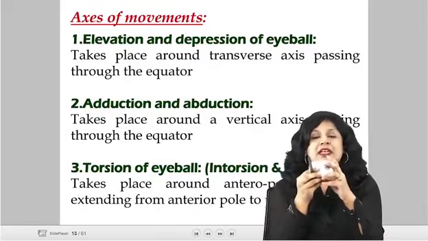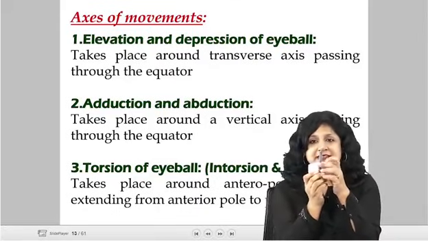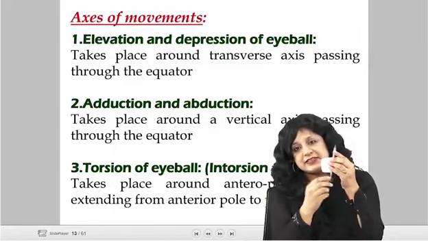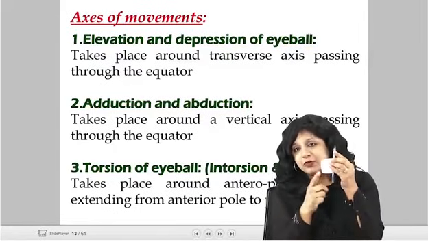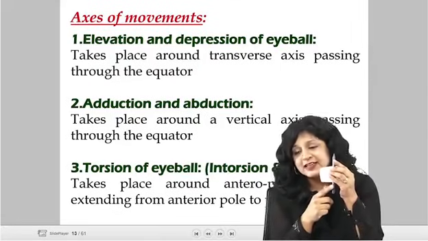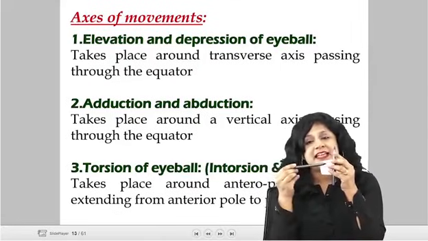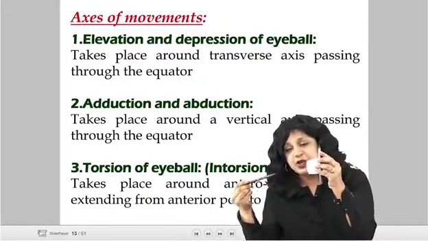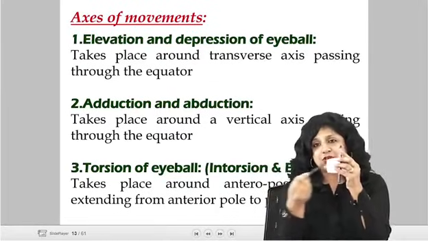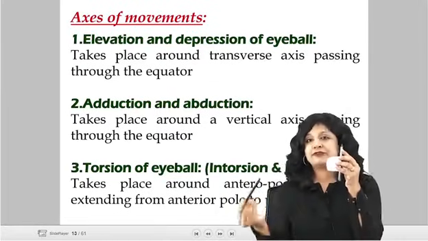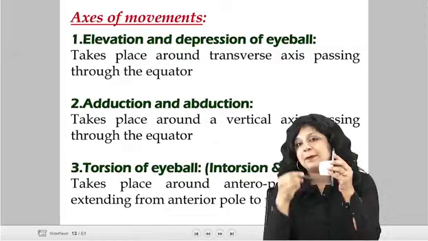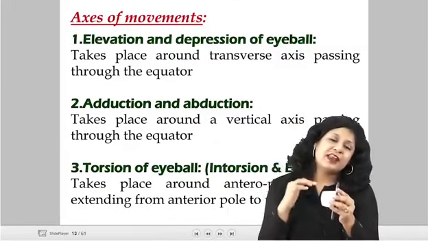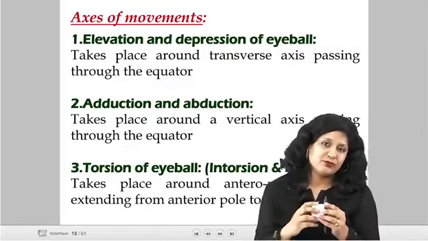Similarly, when I am talking about this vertical axis here, movement will take place around this vertical axis, but in the horizontal plane. Either it will be adduction or abduction. Are you getting this? What is the difference between the axis and a plane? Then the third thing is when I am talking about the rotatory movements.